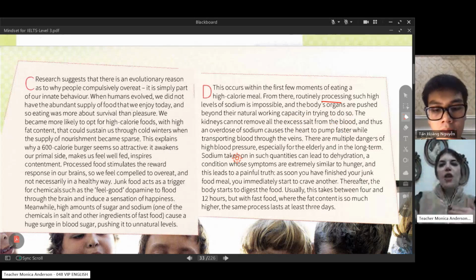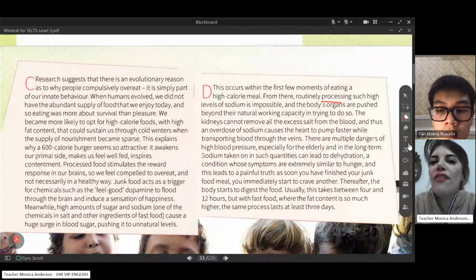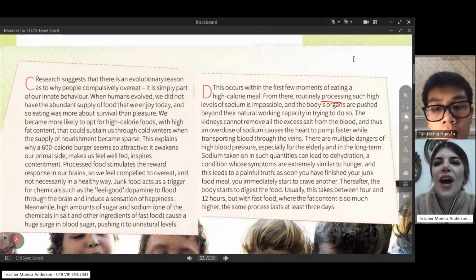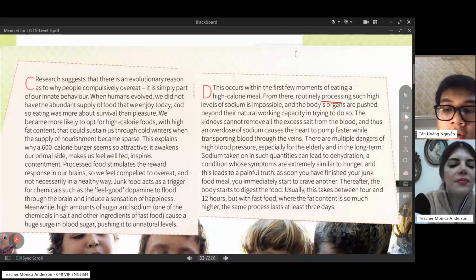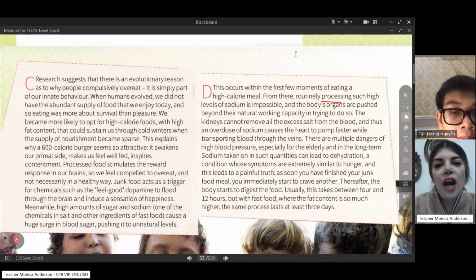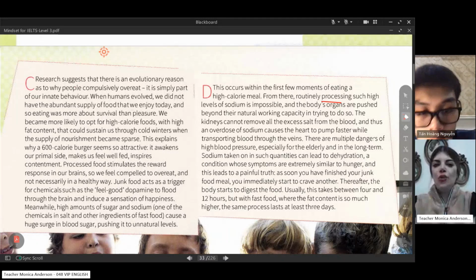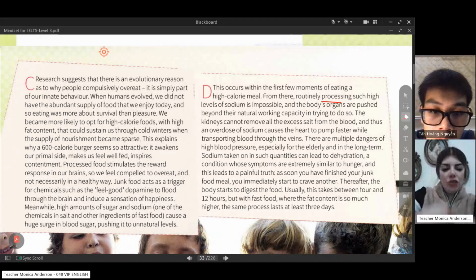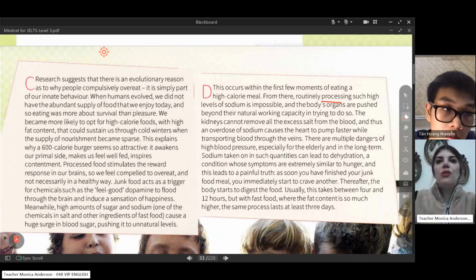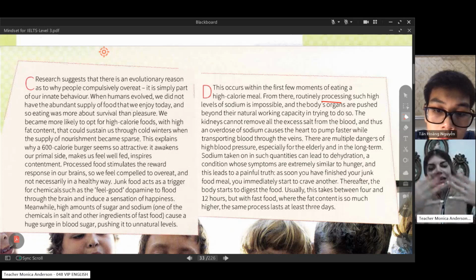So this is a kind of process. High-calorie meal: this is something like digestion. Our body needs to convert food into an absorbable form so that it can be absorbed by the blood.